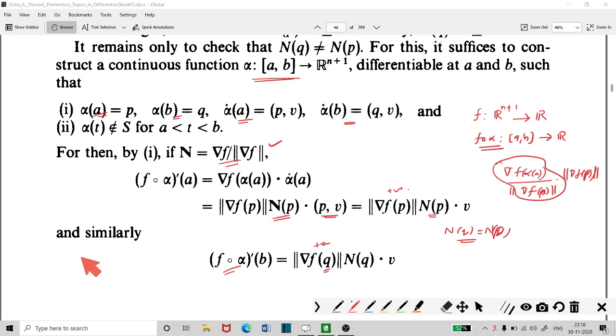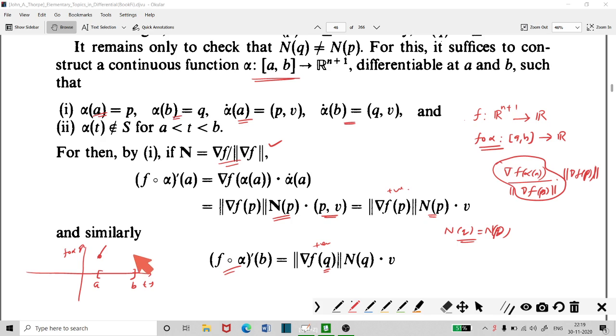That means when you consider the graph of this function f composition alpha at a and b, take f composition alpha on the y-axis, and this is our corresponding t. If f is increasing here, you can say the function looks like this. Similarly, at this point, here we have increasing nature.